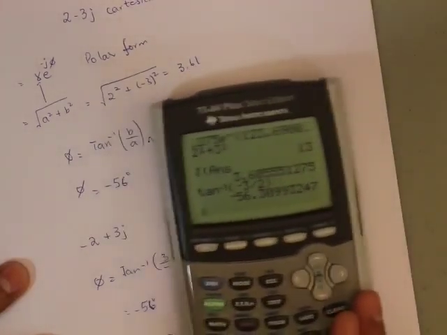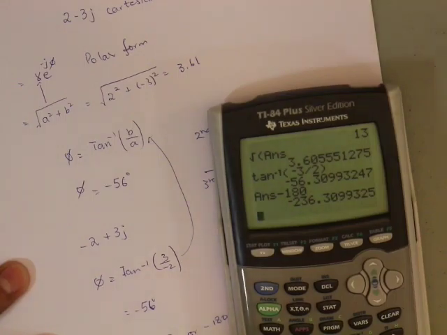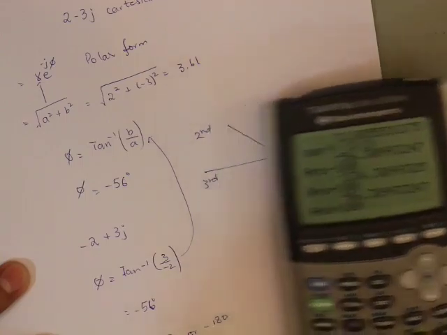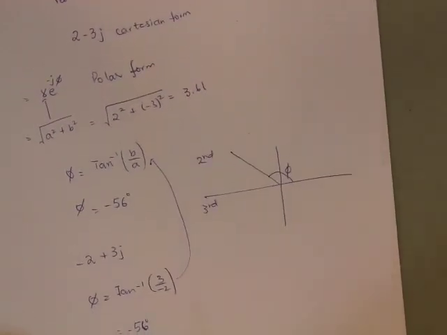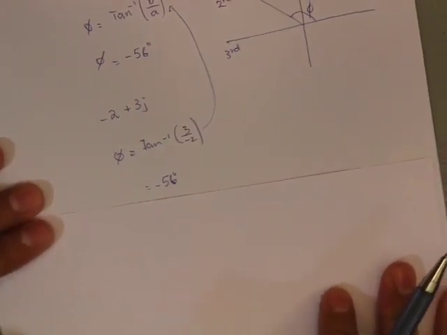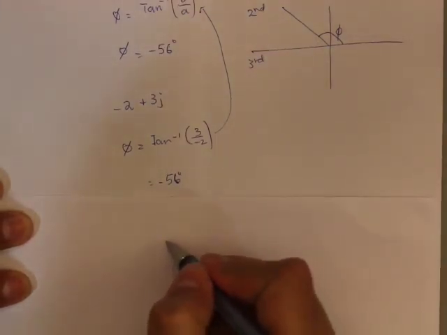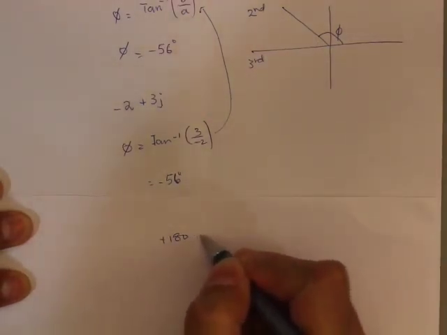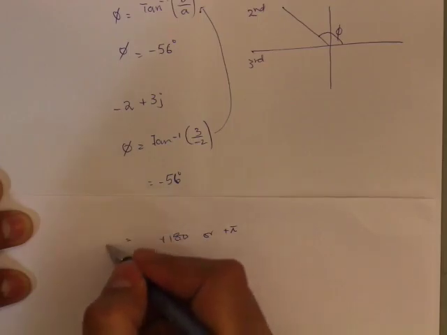Sorry, my bad. If you are in the second quadrant, you have to do a plus 180 if you are in degrees, or a plus pi, to whatever angle that you get, and that's going to be your phi.